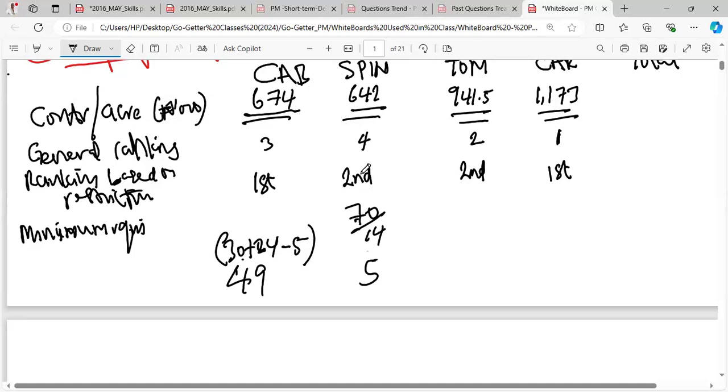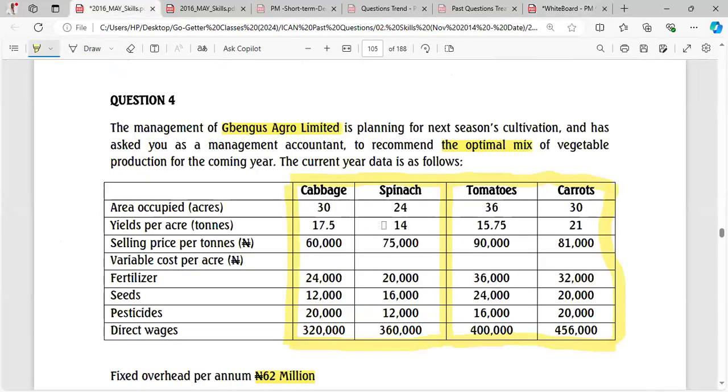And now we say, how many acres can this 70 ton minimal occupy? Spinach can take 14 tons in 1 acre, and we have 70 tons to do.